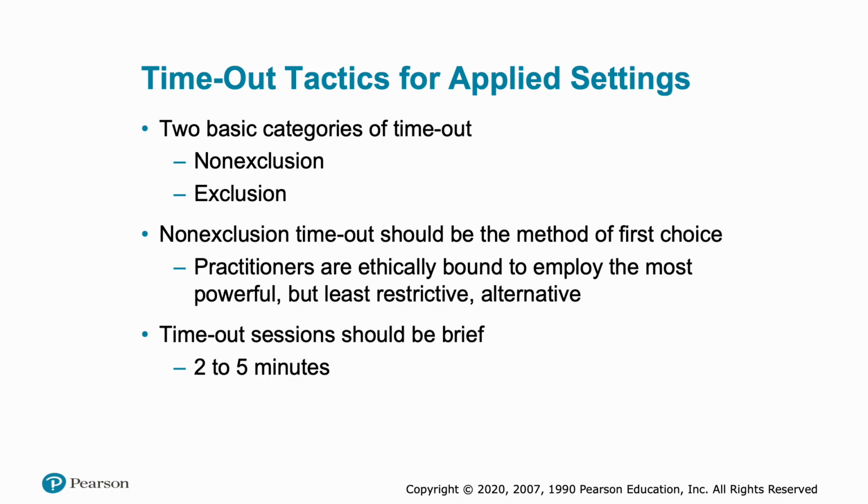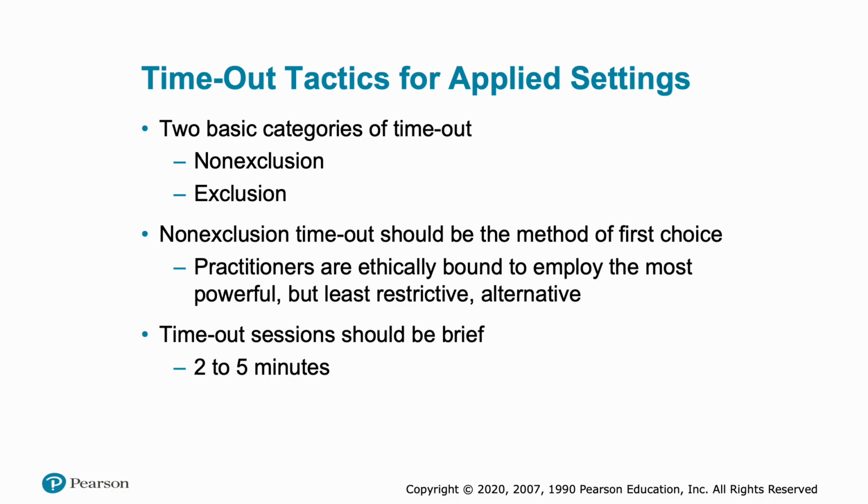Okay. If you've ever experienced timeout yourselves, or you've implemented timeout yourselves, or seen other people implement timeout, then it's possible that you haven't seen timeout be implemented in the correct way, or following the evidence-based practices for timeout that have been found through behavior analytic research, okay?